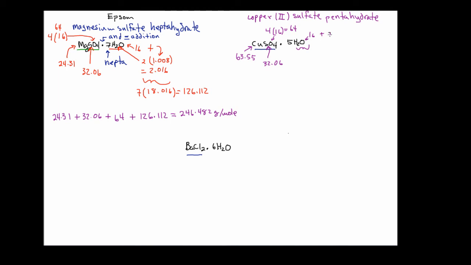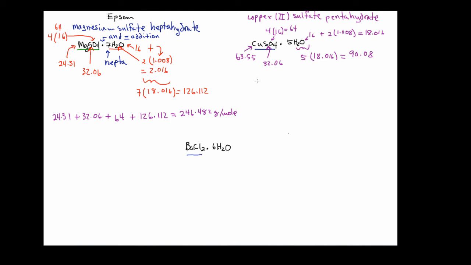We're going to be adding that to the 2 hydrogens, which are at 1.008. So the grand total on the water is 18.016. Now, this is for 1 water molecule. There are 5 of them, so we're going to have 5 times 18.016. So the grand total for all the water that's in the compound is going to be 90.08 grams per mole.